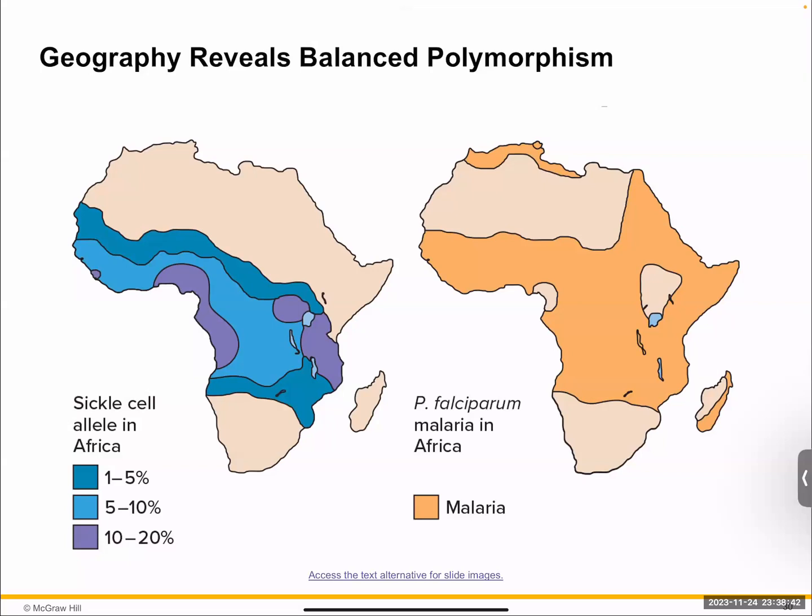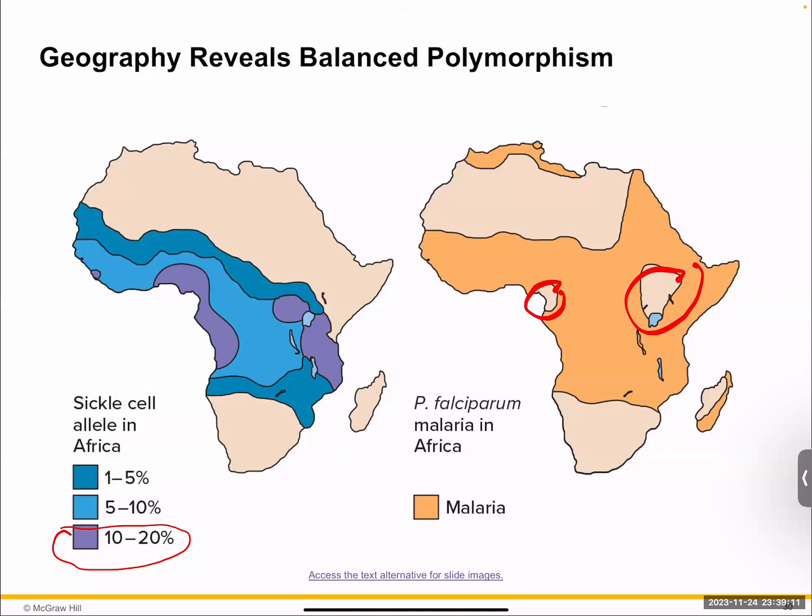And the last picture I wanted to show you is the pattern that you observe in terms of the relationship between this concept of polymorphism for malaria and sickle cell anemia. So the areas where you have typically high levels of sickle cell anemia, you have areas where there is an effect in terms of the infection.